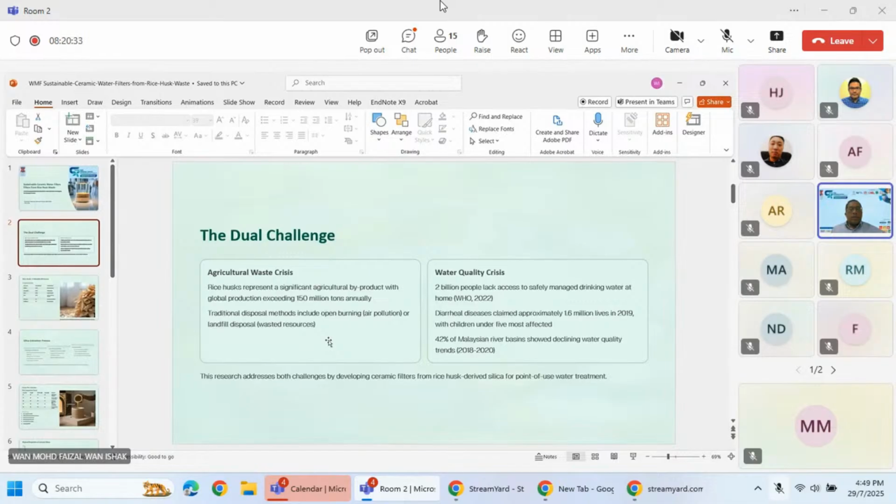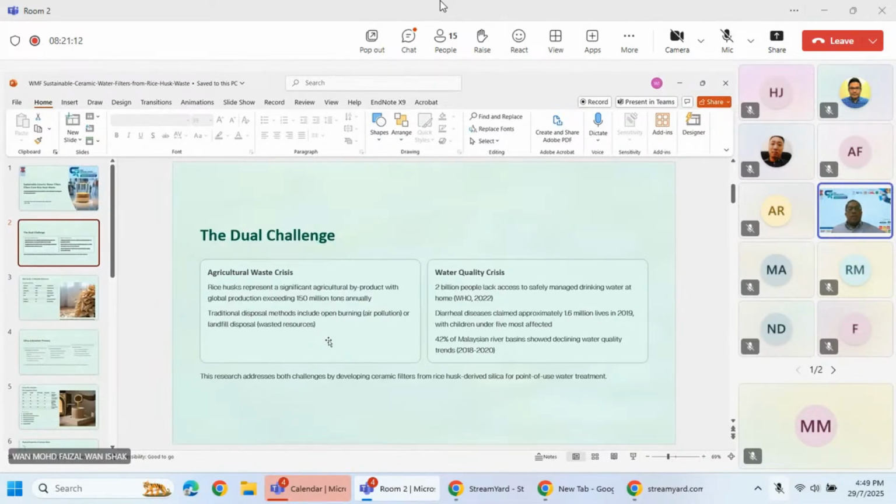Traditional disposal methods include open burning, which causes air pollution, or landfill disposal, which wastes resources. We also have a water quality crisis: 2 billion people lack access to safely managed drinking water at home. Diarrhea disease claimed approximately 1.6 million lives in 2019, with children under 5 most affected, and 40% of Malaysian river basins show declining water quality trends.